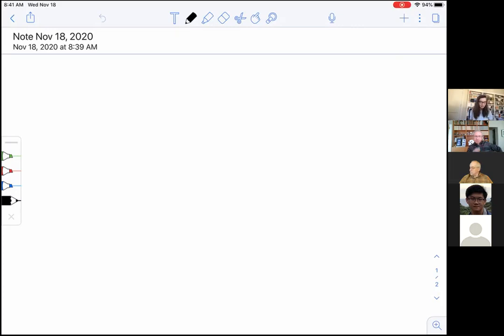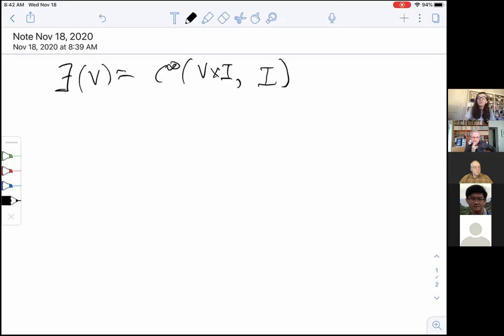So we're considering this space of functions, C infinity functions of V cross I to the interval with various conditions. They send the bottom to 0, the top to 1, and they send the interior of V cross I to the interior of I. And there are no critical points on the boundary.